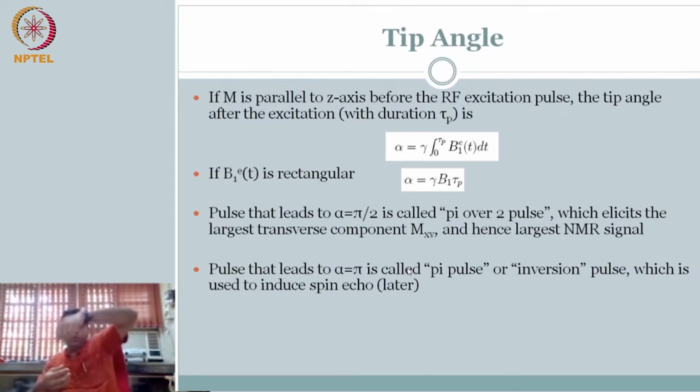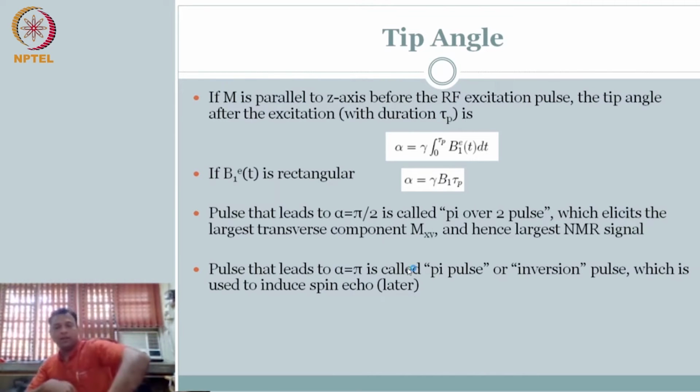So why would you want it to align in the z direction? We talked about the signal coming in the xy plane. If I push it to pi, which is an inversion pulse, it doesn't give me much. I need the signal to be on the floor plane, not perpendicular to it.